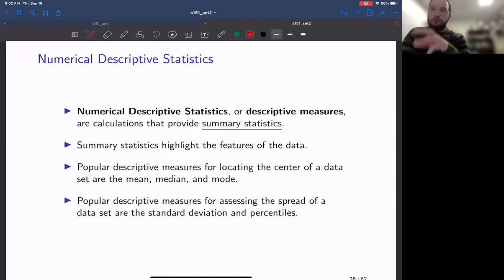When we talk about descriptive numerical statistics, we group the kinds that we are interested in into two different groups. We're going to talk about locations of center or locations of the middle. And then we're going to talk about measures for describing what we call variation in the data. So these are going to be measures of spread. And these are things like the standard deviation and the percentiles. But we will look at a few other examples as well.